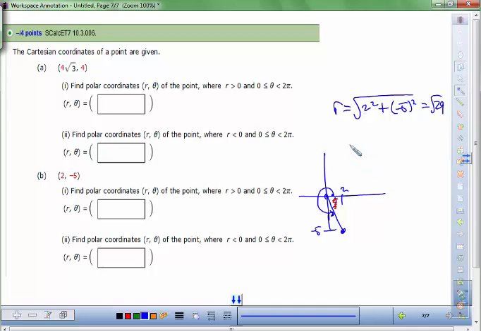And that's a tangent. So tangent of theta is y over x, so theta is equal to the arctangent of y over x, which is negative 5 over 2.